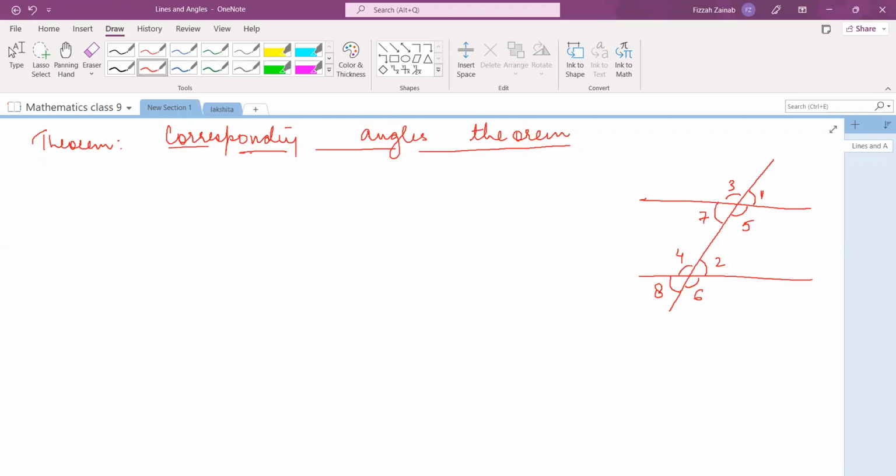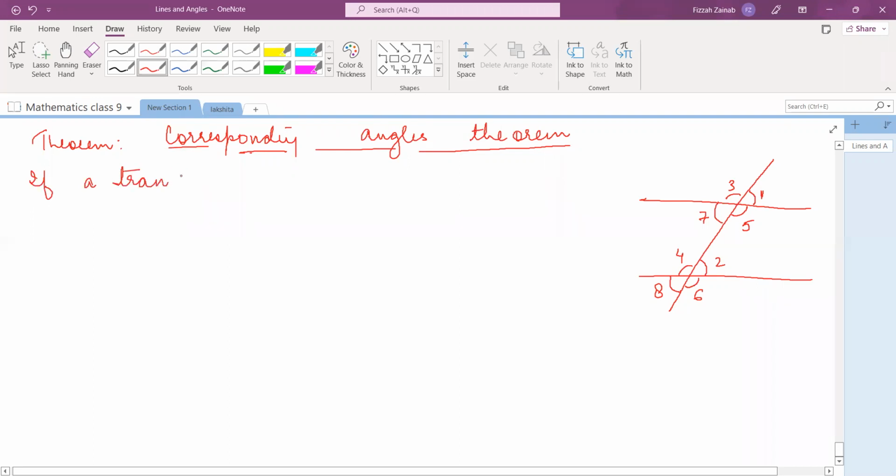So the theorem says that if you have two parallel lines and there is a transversal cutting them, then all the pairs of corresponding angles are equal. Clear? Yes. Okay. Then, if a transversal intersects two parallel lines. So these theorems are applicable only for parallel lines.